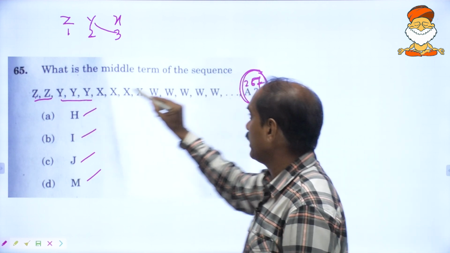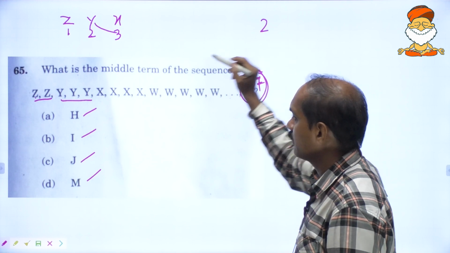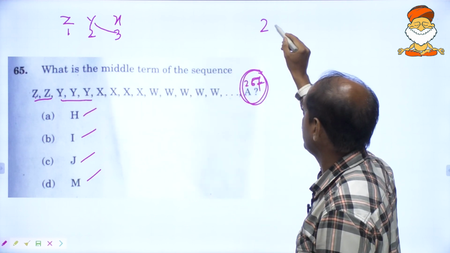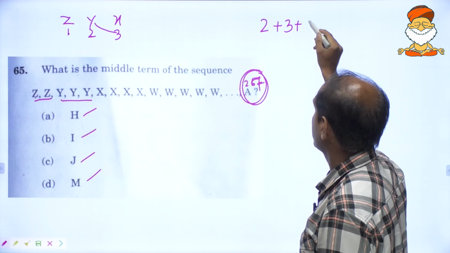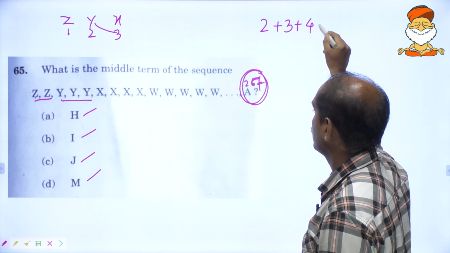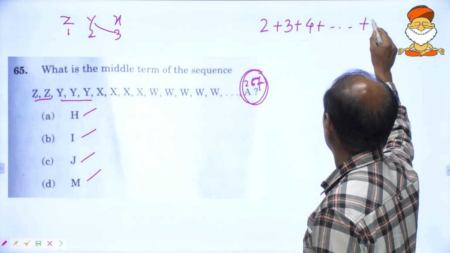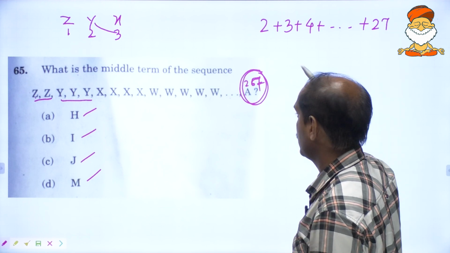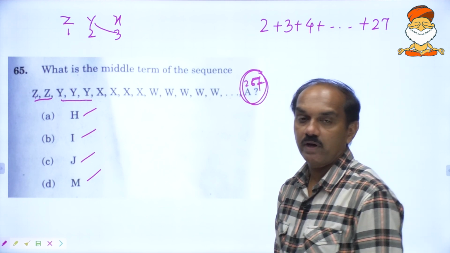So Z is repeated 2 times in the beginning, Y is repeated 3 times, X is repeated 4 times. This is how it goes, and goes till 27, because A is repeated 27 times.